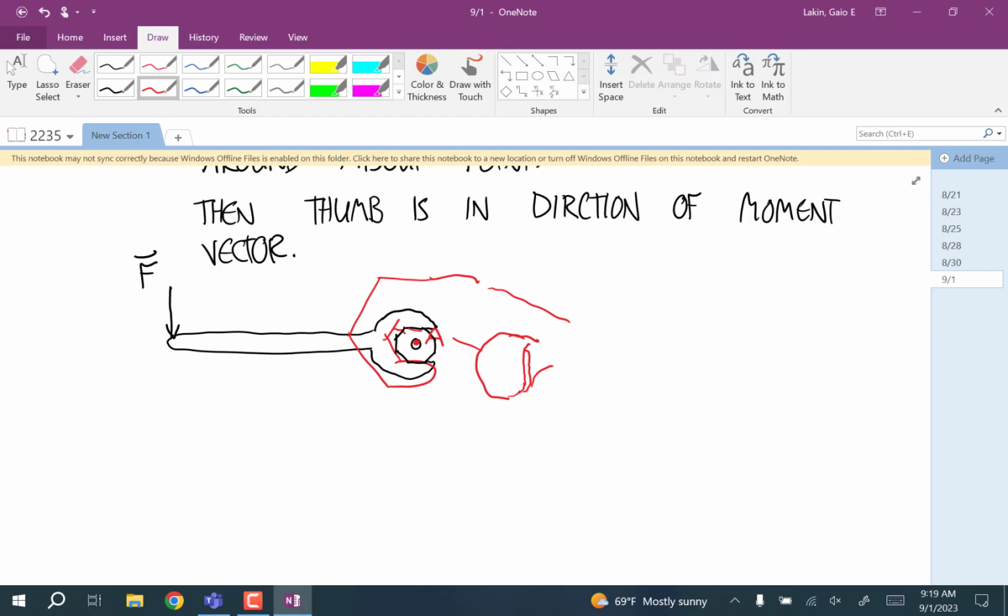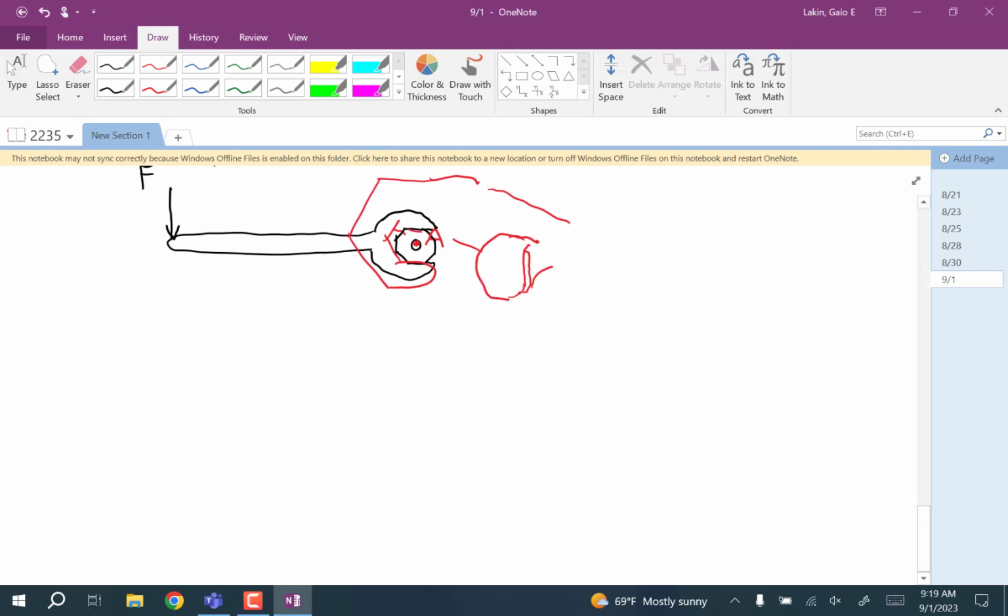Your thumb points in the direction of the moment vector. Okay, so if this was in the XY plane, then the z-axis is coming out of the page, and so this force would have a positive z component of that moment. Okay? All right, so what about three-dimensional moments? In 2D, it's pretty easy to picture this. What about in 3D?